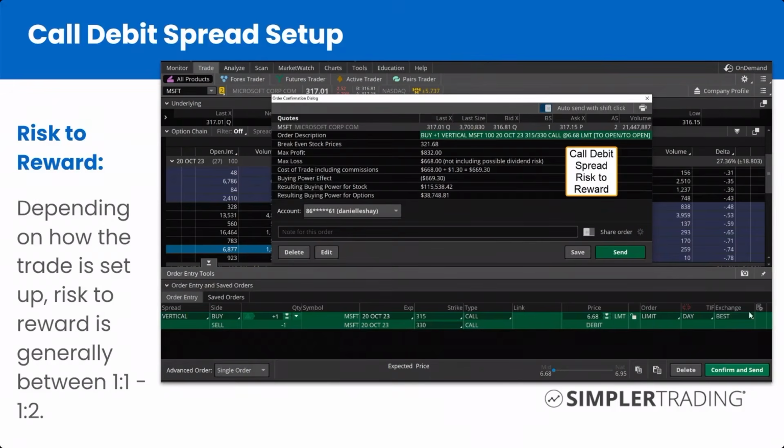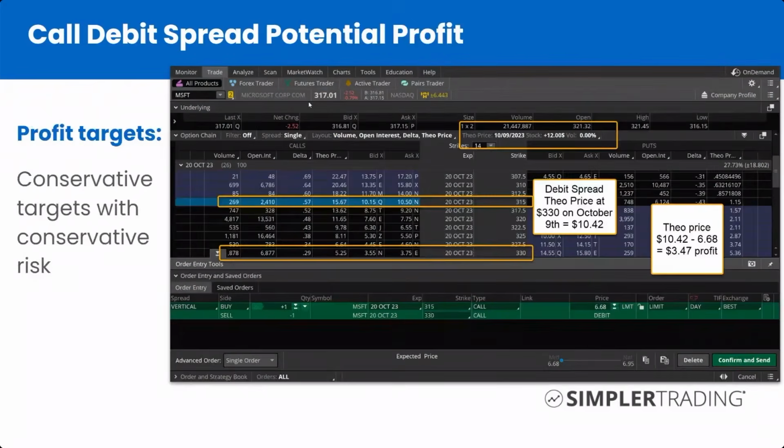I also think it's a reasonable idea, especially with that overhead area of resistance, because you have to remember that even with an expected move, it doesn't just go immediately higher or lower $18. It might go higher by $5 and then chop around for 3 days, then trade lower by $2 and then trade higher by $7. It's not just going to go immediately $18 in one direction.